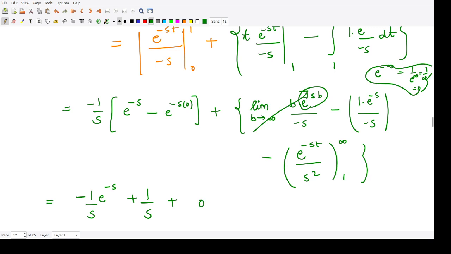So we have 0 here, and then plus e to the power minus s divided by s, and then here again we have to substitute the limit infinity. So limit b going to infinity, e to the power minus sb divided by s square, minus e to the power minus s divided by s square. So this is what we got.